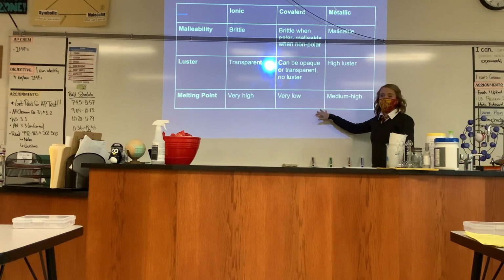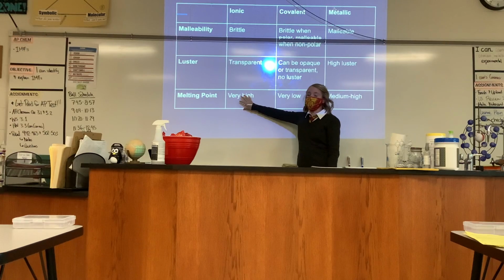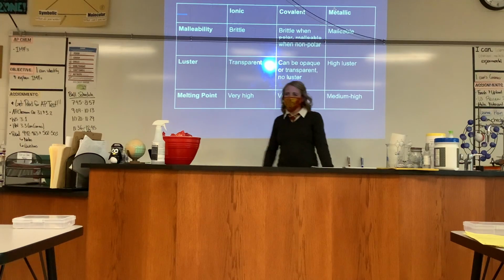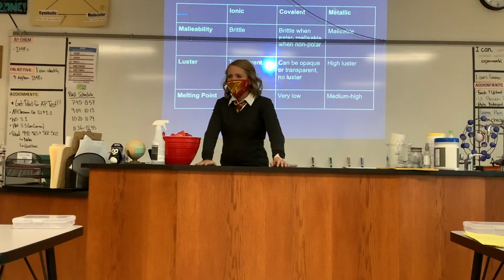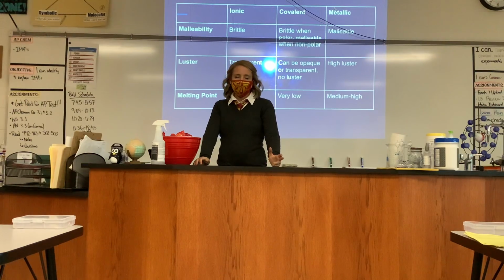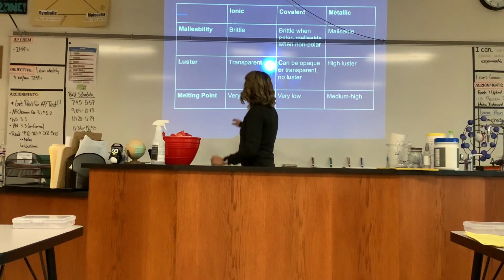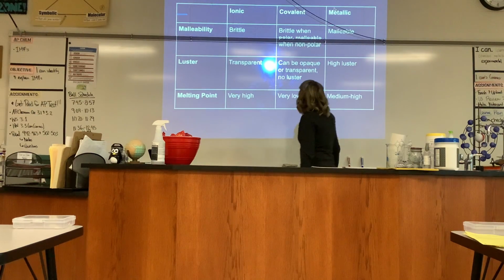For melting points, the ionics are very, very high. These are the ones that will not ever melt on our hot plates. Our hot plates don't get hot enough. For example, to melt salt, you have to get up to like 950 degrees. Right? Things can get that hot, but not our labs. So those will never melt on our hot plates.